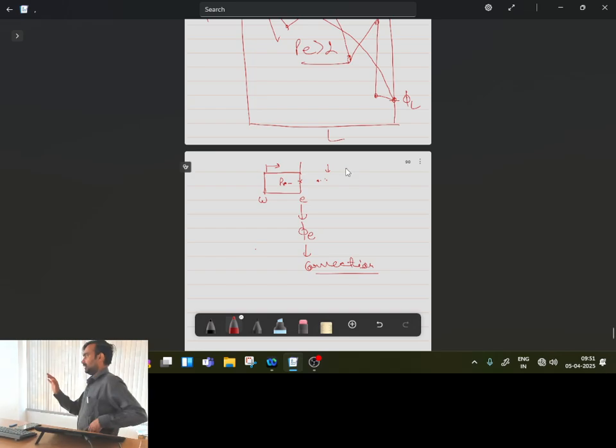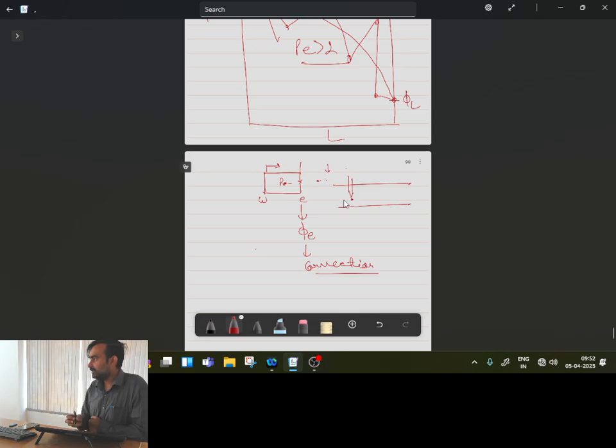A simple example is in your Reynolds experiment. What do you do? You have water and you put some ink, and that ink then propagates in the downstream direction. If you have to determine the concentration of ink at this point, which is in which direction?